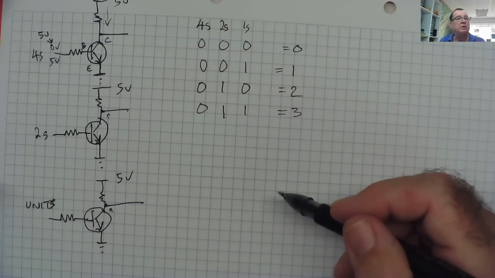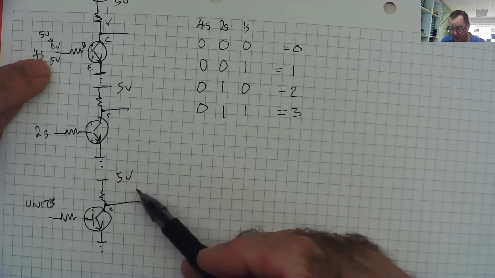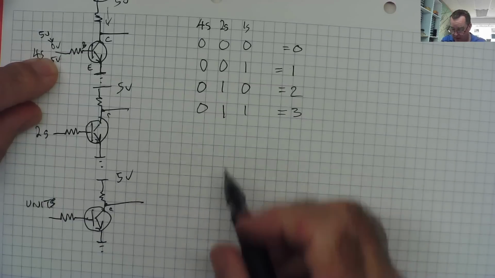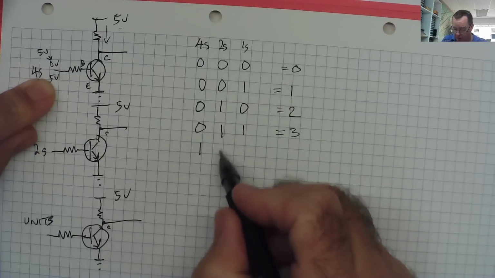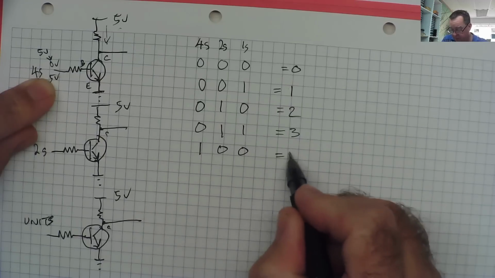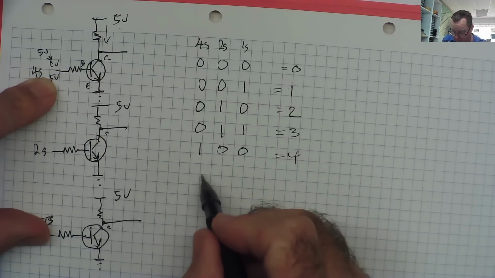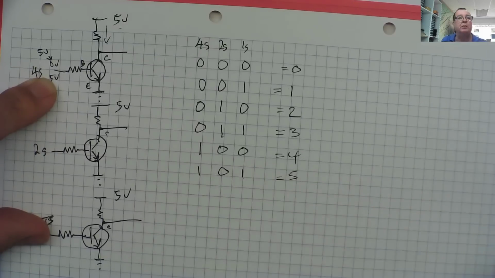Let's just carry on. So what can we do now? Well, we can turn this one off, and we can turn these two back on again. So this one's off, that's now 5 volts, which is a 1, and these two are zeros. That's 4. Then we can turn this one back off: 1, 0, 1. 4 plus 1 is 5.